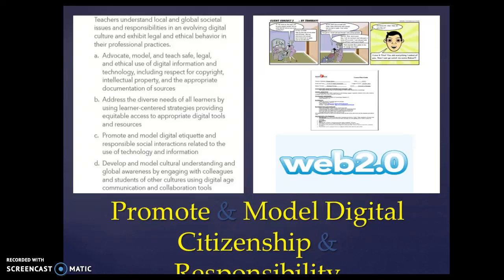The fourth ISTE standard is promote and model digital citizenship and responsibility. For this standard, I chose the comic, the multi-technology lesson plan, and also Web 2.0 tools.